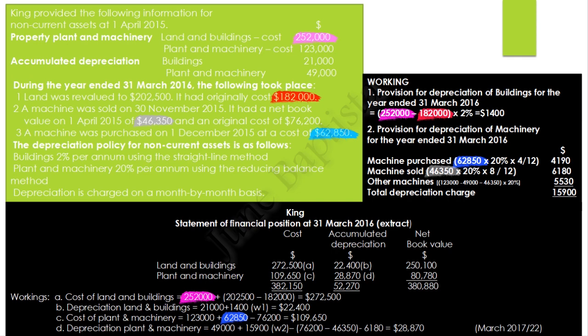When we total up the cost of the land and buildings and plant and machinery as per working A and C, we get a total of $382,150. Working B. Accumulated depreciation of land and buildings is equal to $21,000 original plus $1,400 as per working 1 to give us a total of $22,400.